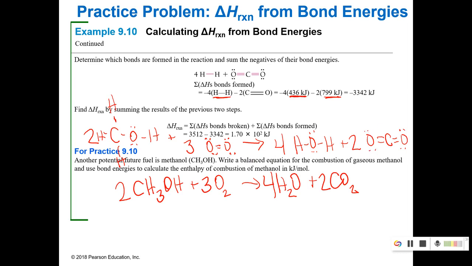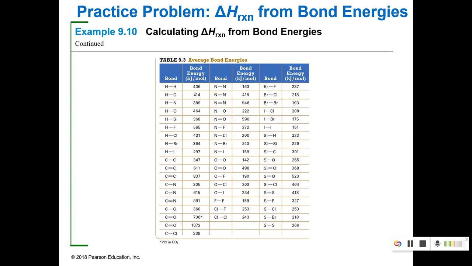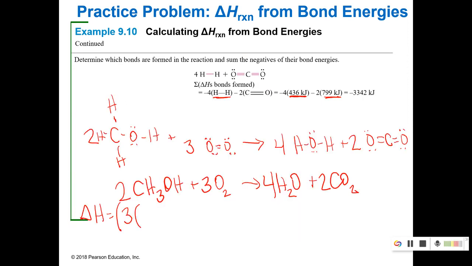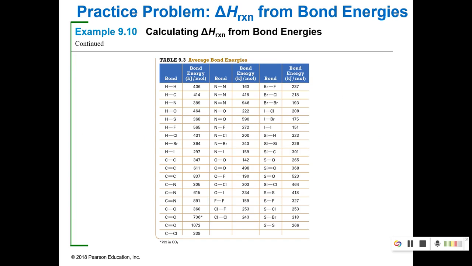Remember, this is reactants minus products. I'm going to do delta H equals. I've got 3 CH bonds, which is a single bond. So CH is 414. I've got 1 CO single bond, 360.